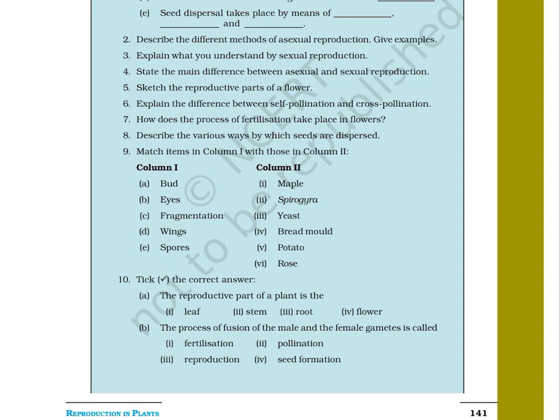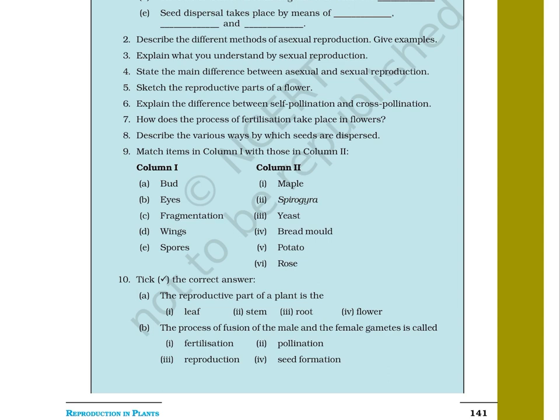Sketch the reproductive parts of a flower. 6. Explain the difference between self-pollination and cross-pollination. 7. How does the process of fertilization take place in flowers? 8. Describe the various ways by which seeds are dispersed.